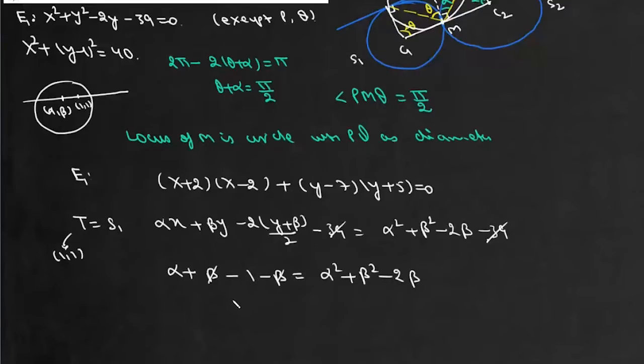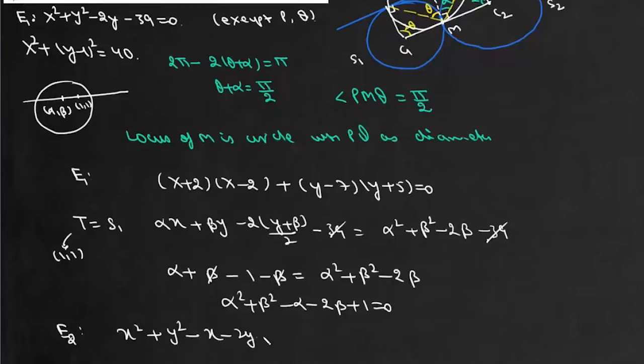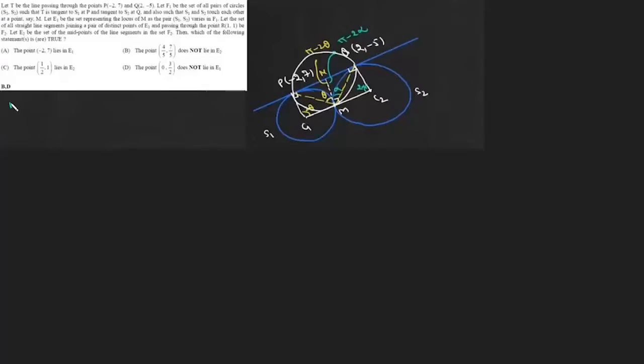Now here beta and beta will cancel. So we'll get this locus as alpha square plus beta square minus alpha minus 2 beta plus 1 equals 0. So the locus of E2 will be this circle, which is x square plus y square minus x minus 2y plus 1 equals 0. Now we have to check the 4 options. So now we have the 2 locuses.